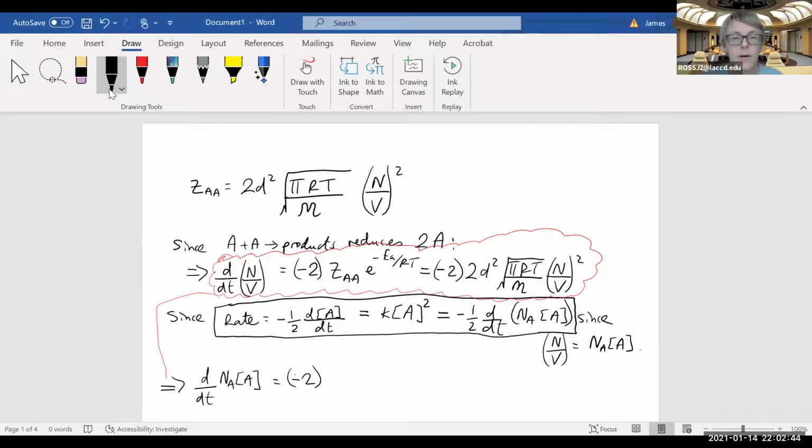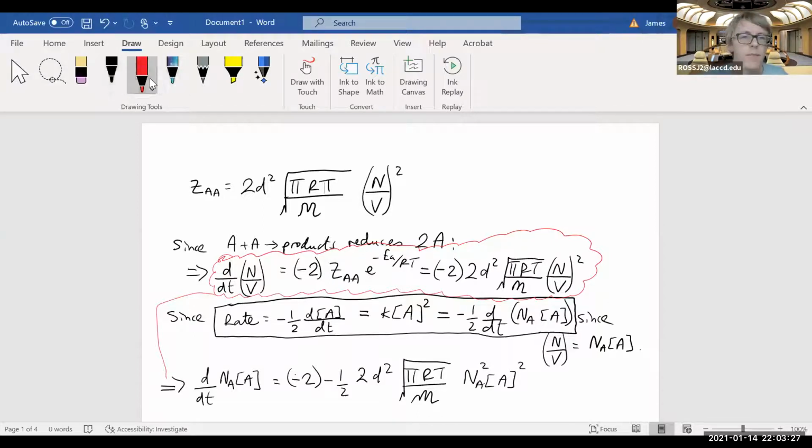So I've then got -1/2, and then I've got -1/2, and then I have (2d²πRT over that, and then I've got n over V squared, which is N_A[A] squared.